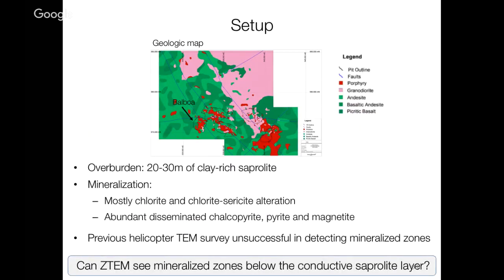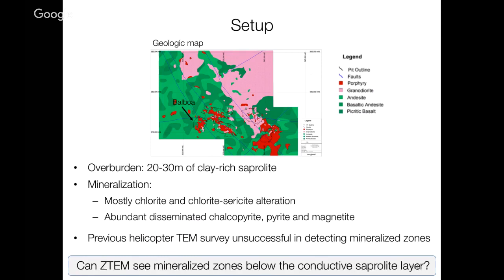So here's a geologic map of the area with the Balboa deposit here. Previous helicopter time domain EM surveys had not been successful in finding this.